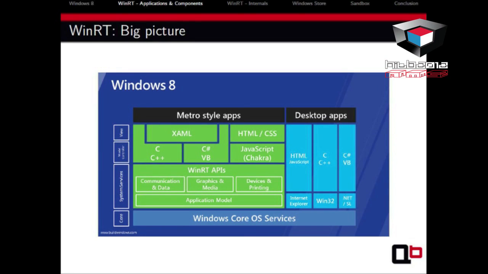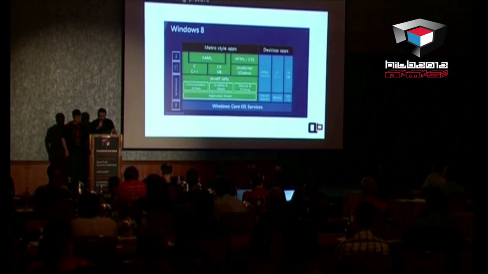As you can see, there are the WinRT APIs at the base, which can be targeted by different languages like C or C++, and .NET languages like C# and VB.NET. If you want to program a UI for these languages, you can use XAML. And you can also use JavaScript with HTML and CSS to target WinRT.